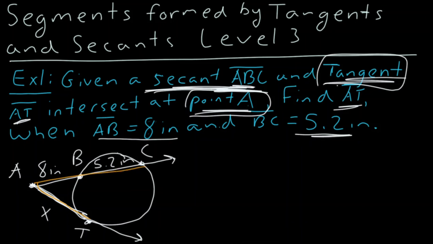And let's go ahead and write our statement. We see, looking at our formula chart, that AT, our tangent, will always be squared. And that's equal to, and when we look at our secant, we know our rule for secants is always the outside piece, or the external secant, which would be AB, times the whole thing, which is going to be AC.